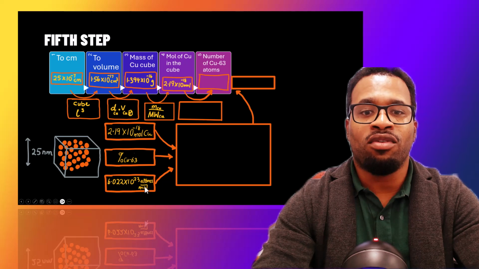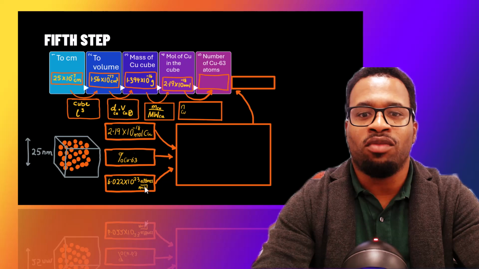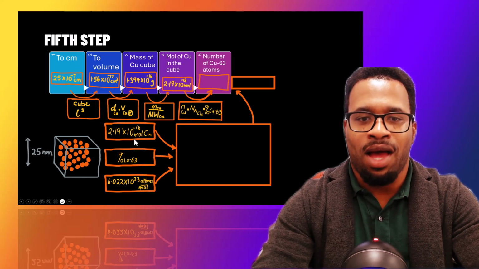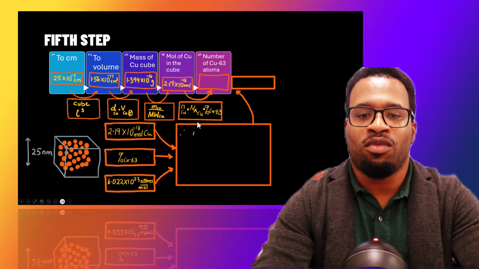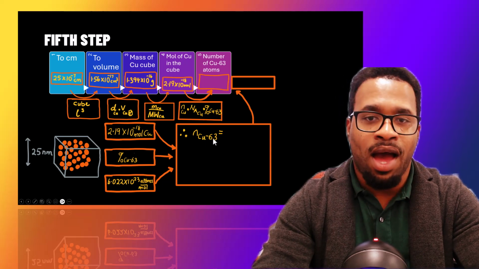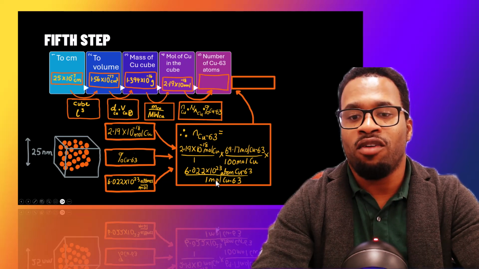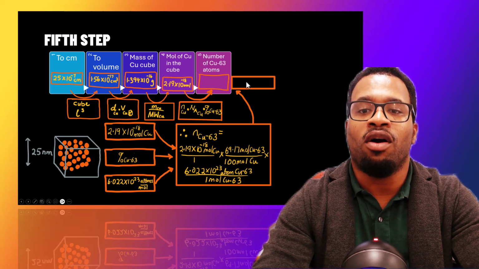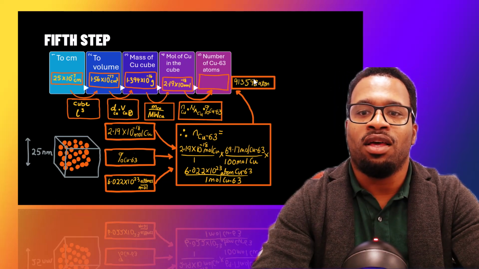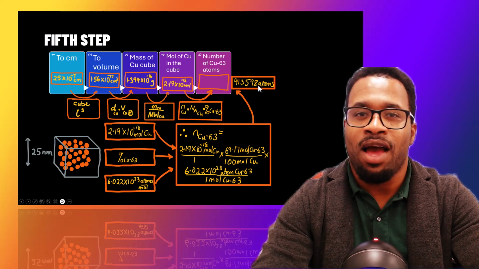Once we have those 3, we organize them by applying an operation to solve the problem, which means we multiply all those numbers together. It's going to look like this to determine the number of copper-63 atoms, and the value here is approximately 913,598 atoms.